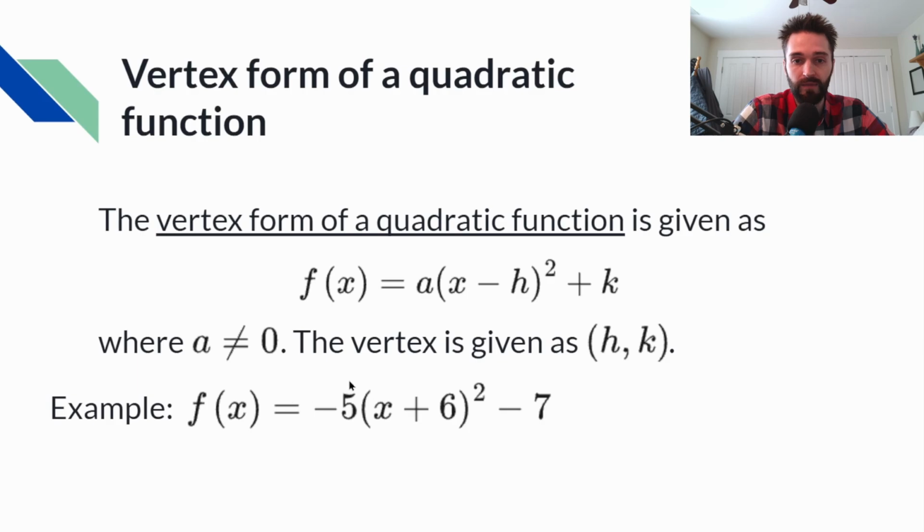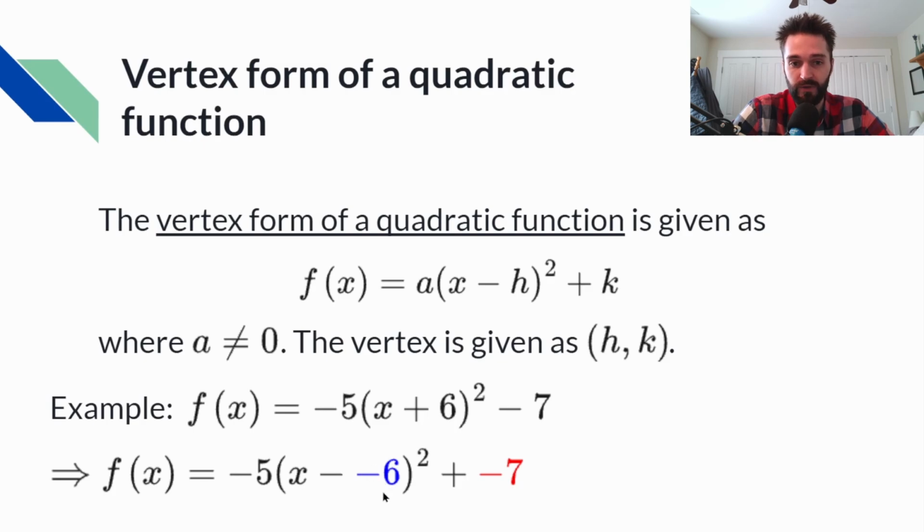I'm going to rewrite this as negative 5 times x minus negative 6. Why am I doing that? It's because this subtraction is baked into the form here. So instead of having plus 6 here, we can write it as x minus negative 6, and we can recognize that h in blue is negative 6.